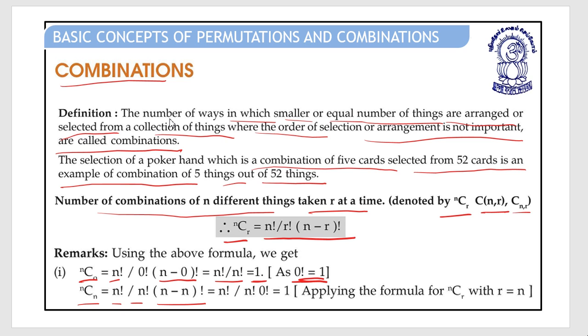So n factorial by n factorial is equal to 1. Remember: nC0 is equal to 1, and also nCn is equal to 1.